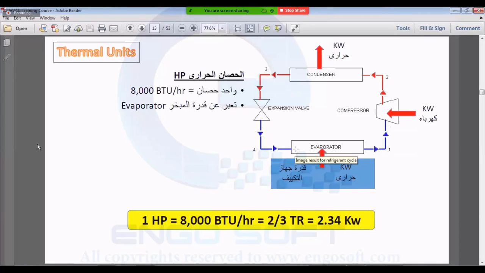Okay, so if you have a split unit at your home right in front of you now, equal to 1.5 horsepower. You hear this expression, 1.5 horsepower, 3 horsepower, 5 horsepower, right? So what is the equivalent ton refrigerant of 1.5 horsepower?